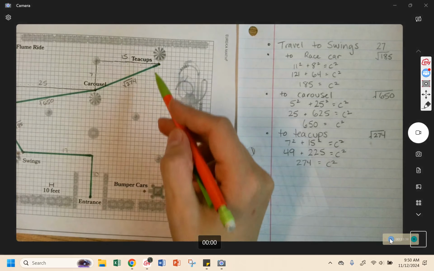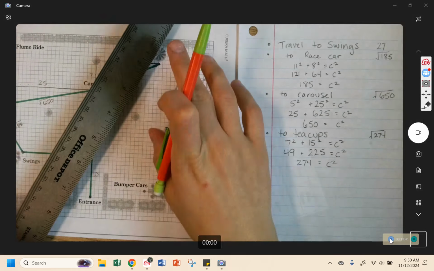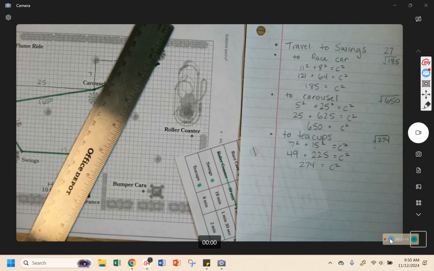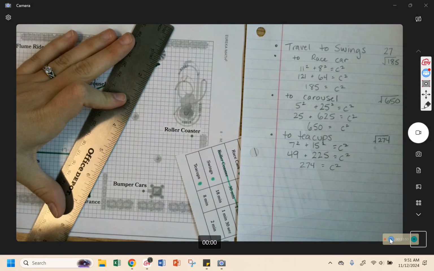And then finally we need to get back to the entrance. Can we take a direct path without cutting into the bushes? Yes, and it looks like we'll also steer clear of that little table with the umbrella. Okay.